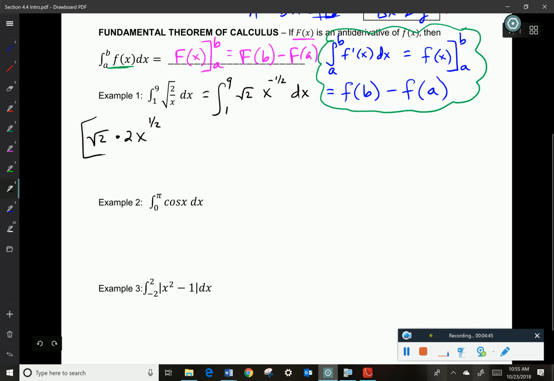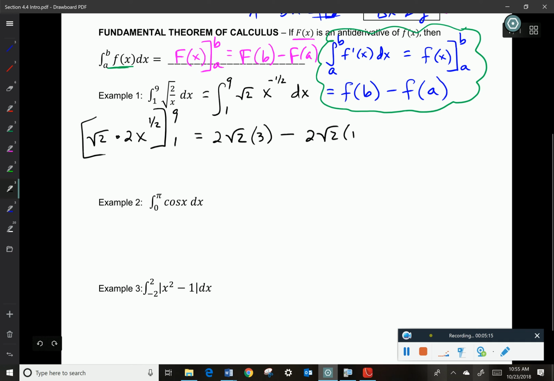And then I need to evaluate that whole thing from 1 to 9. So I'm going to plug in 9 first. Out here in front, I have 2 square root of 2. And if I plug in a 9, 9 to the 1/2 just means square root of 9, so that's 3. Minus, now I'm going to plug in the 1, so that's 2 square root of 2, and 1 to the 1/2 is just 1.